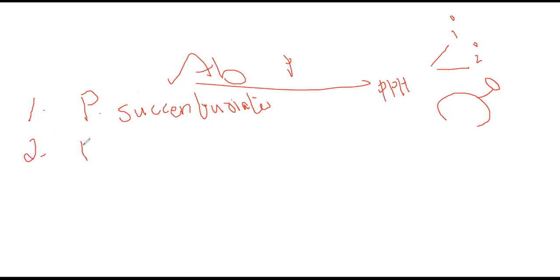Second condition is placenta extrachorialis. This happens due to a smaller chorionic plate than the basal plate.